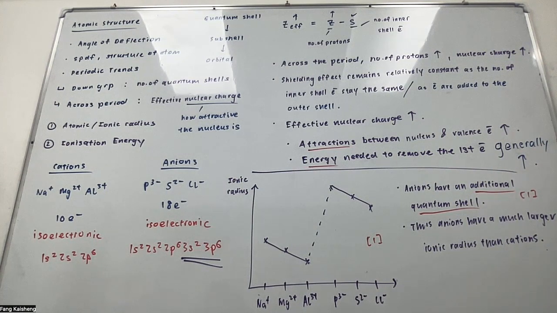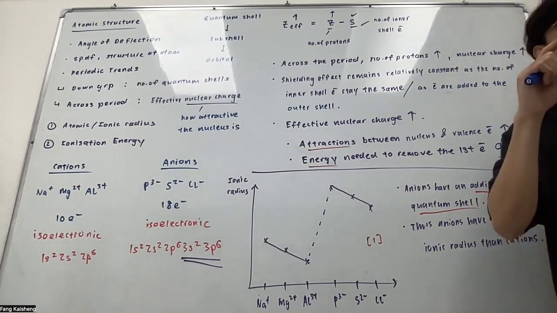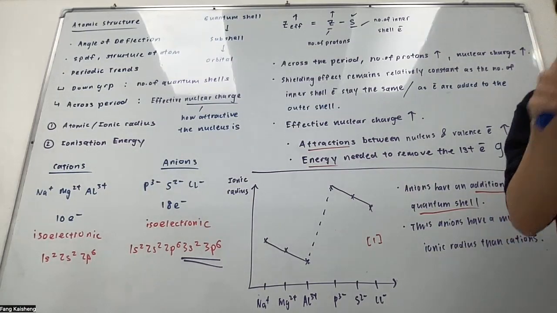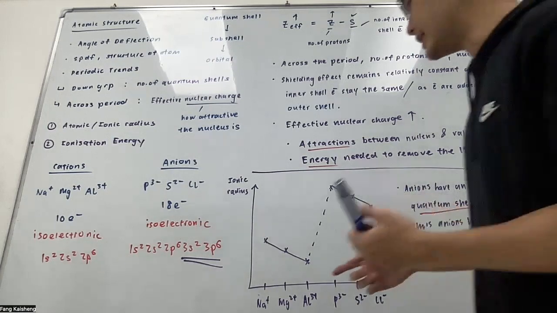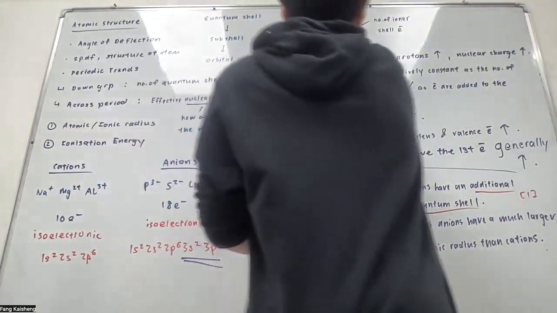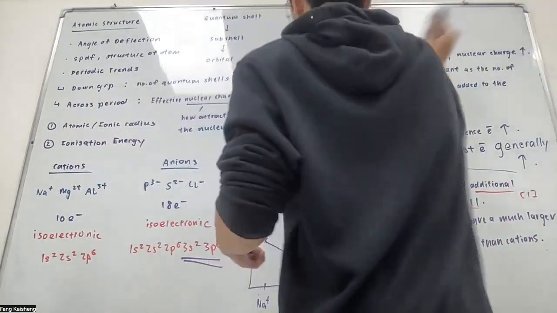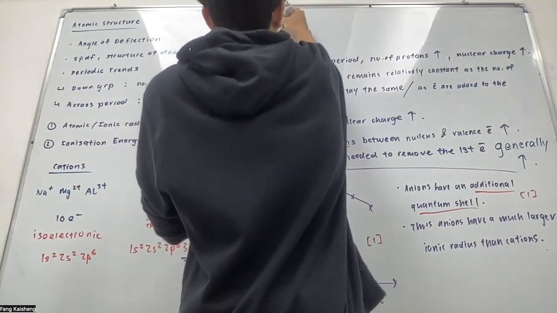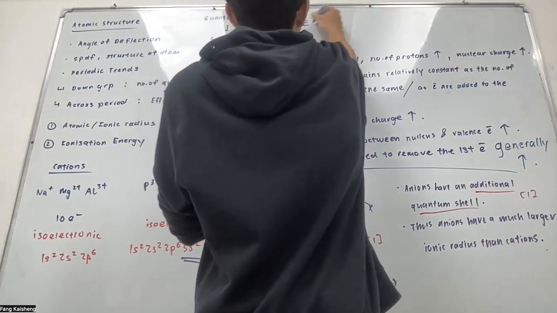And the next page onwards, this one you actually need to pay closer attention to. Generally increasing means when you scrutinize the trend, there are going to be some anomalies where it actually decreases. So I'm going to introduce these called anomalies. When it comes to first ionization energy, there are two anomalies.